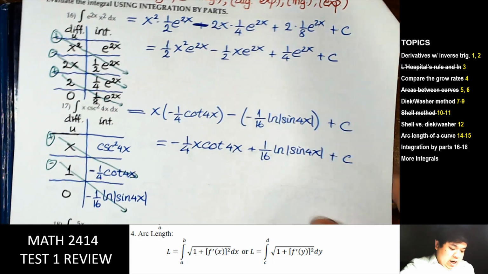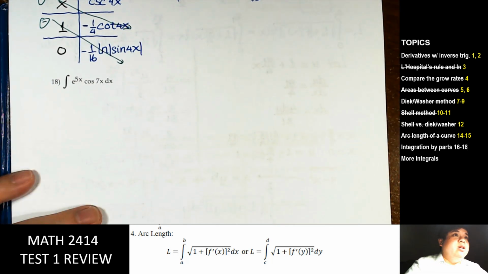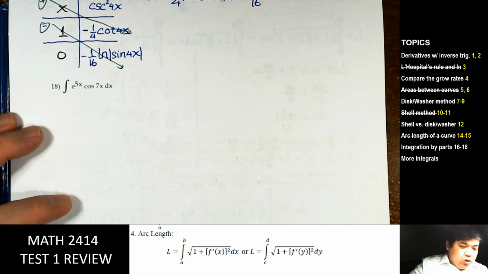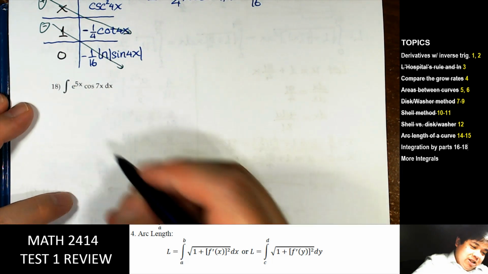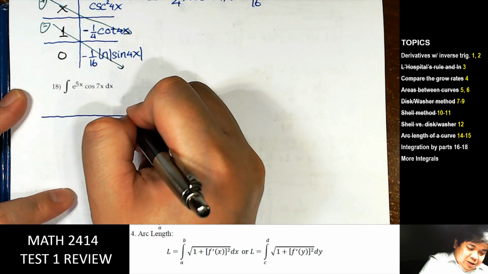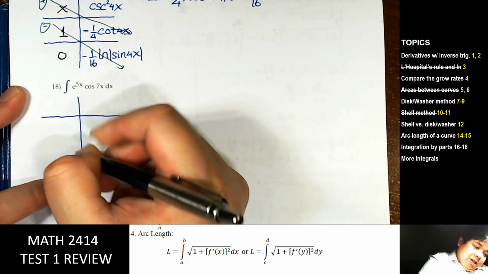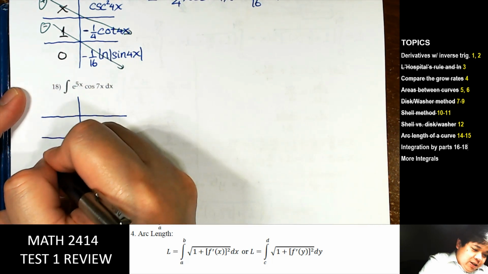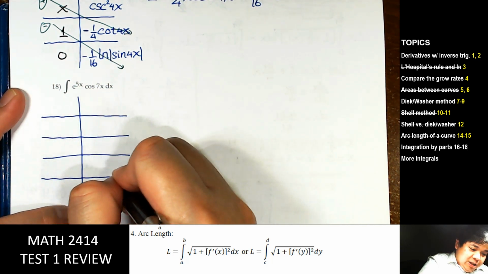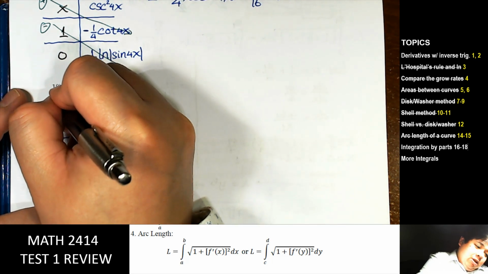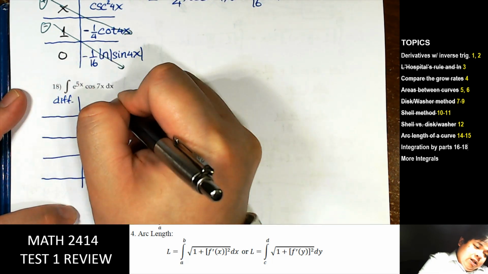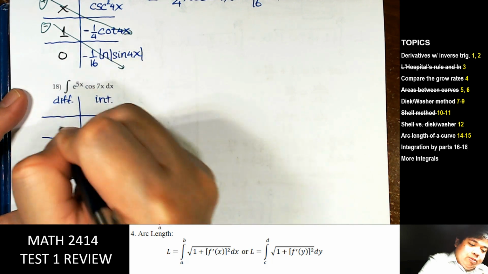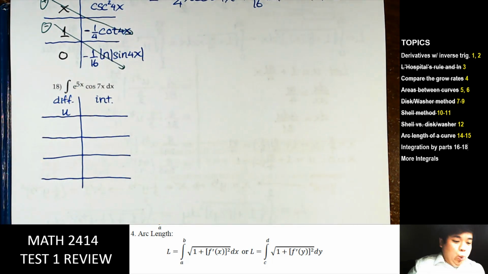Right. The next one, we also use the table. We don't have to, but we can always use it. Something to differentiate, something to be integrated, and what we differentiate is the u.